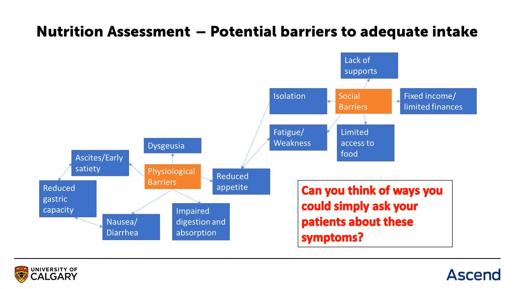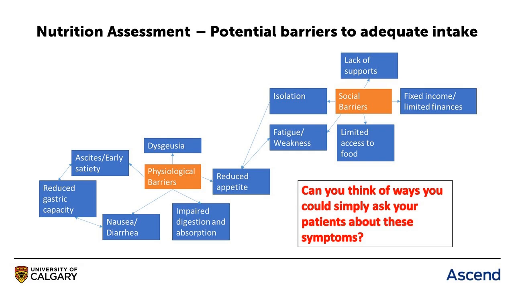A patient could be very isolated. They're alone, they don't want to cook for one, they're on a single income. Many reasons why that can influence intake. Eating is a social activity, and so when that's taken away, achieving adequate intake can be difficult. That goes right hand in hand with a lack of supports. The fixed income and limited finances is a big issue, and it's a social issue that we can work to break down some barriers, and sometimes we're not able to achieve total breakdown of every barrier, but I always like to think we help.